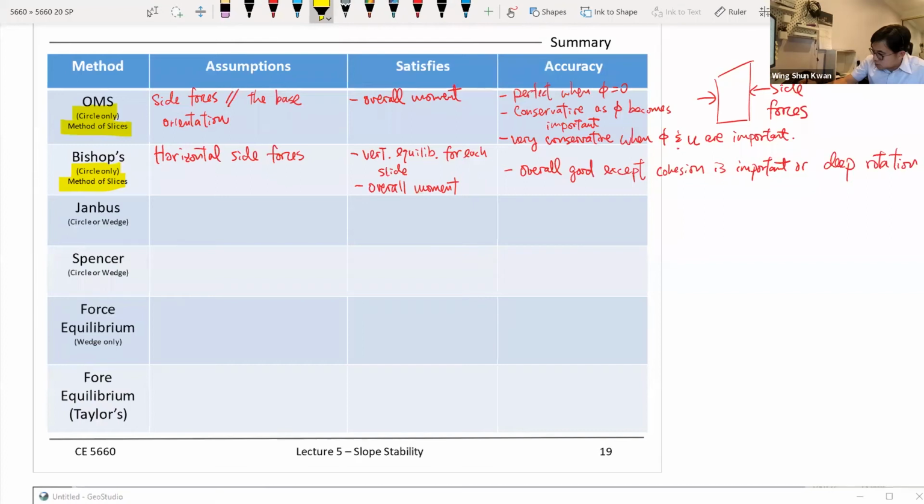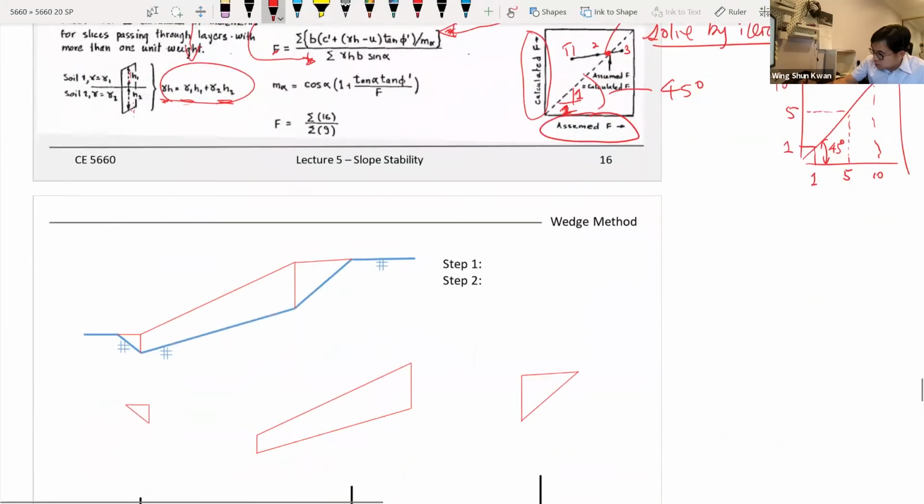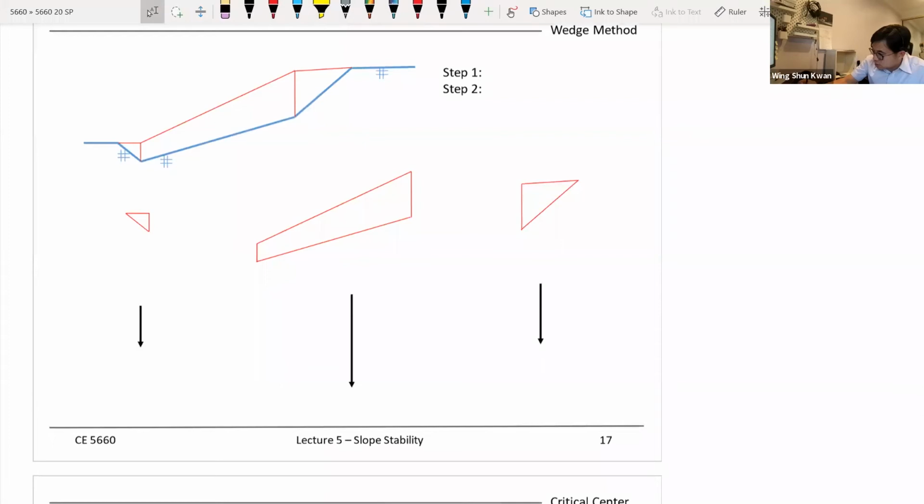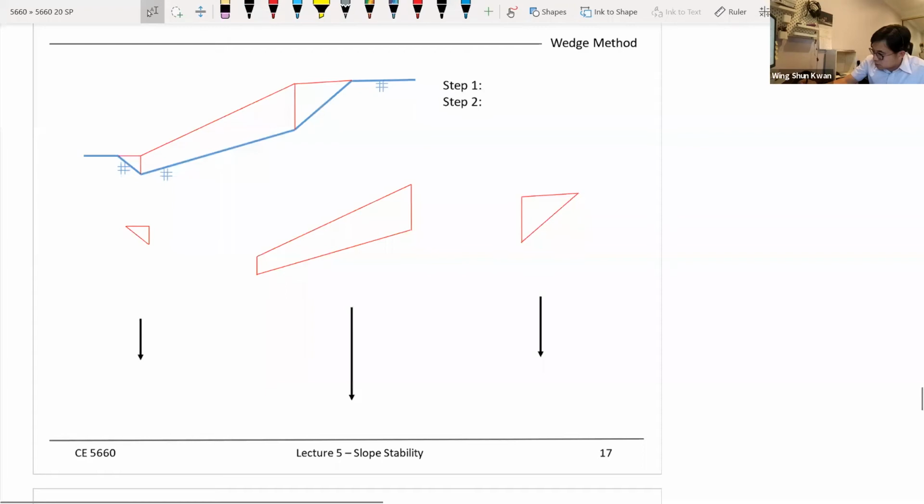So this brings us to the next level, when you have a slope that is no longer just a circular failure. What happens when you have a wedge failure, which means you have a slope like this? It is no longer a circular slip.